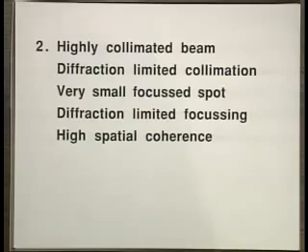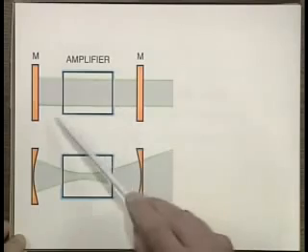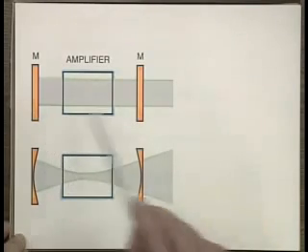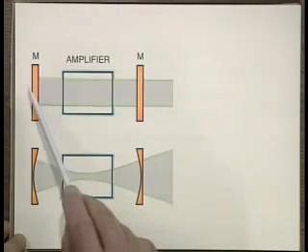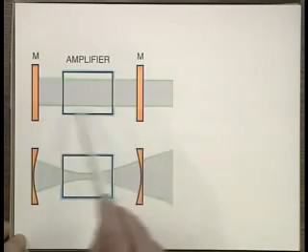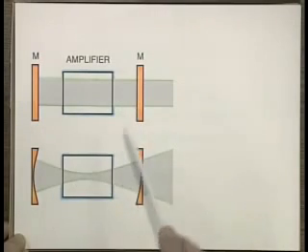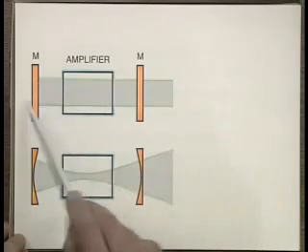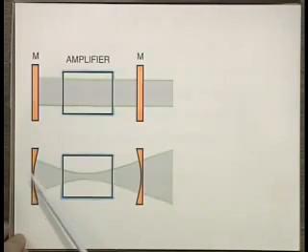Again, in a simple-minded way at this stage, and later on we'll go into it in a little more depth: the spatial properties come from the fact, of course, that we have an amplifier within the resonator, and we have these two mirrors. Let's take two plane mirrors, for example. We'll see later that the mode that can be supported within that cavity is essentially a parallel beam that gets reflected backwards and forwards between these two mirrors.